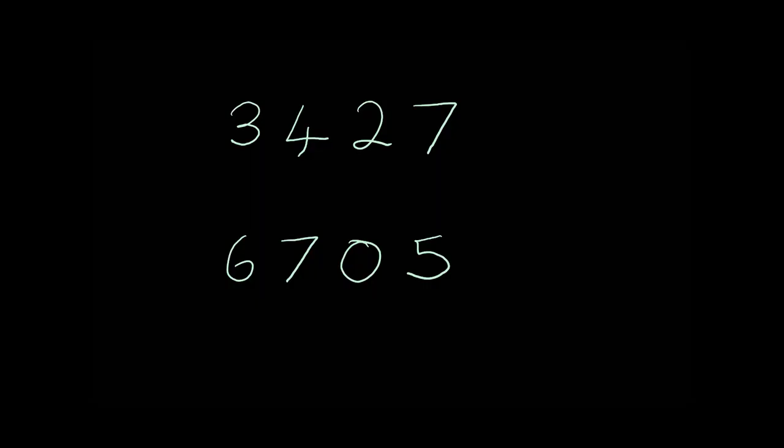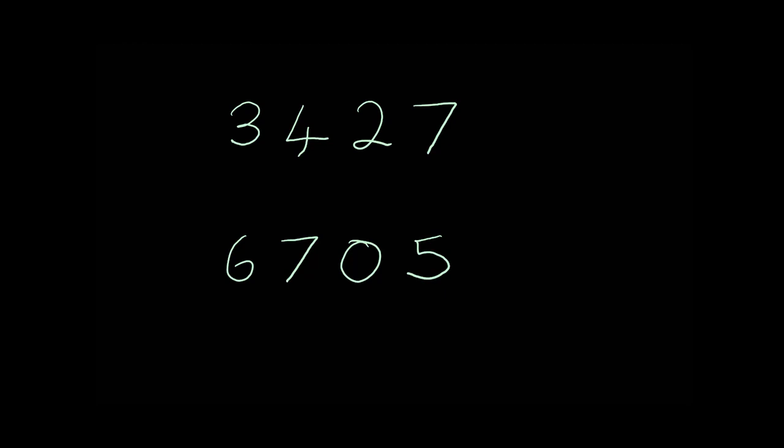Place value is all about where the number is within the bigger number. We usually use the word digits to describe the individual numbers that make up a bigger number.